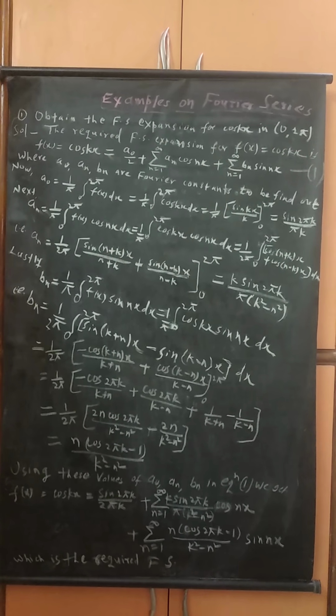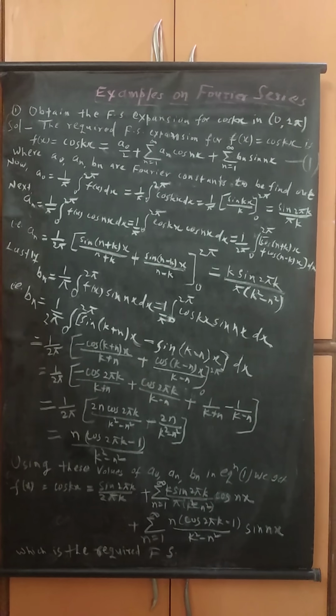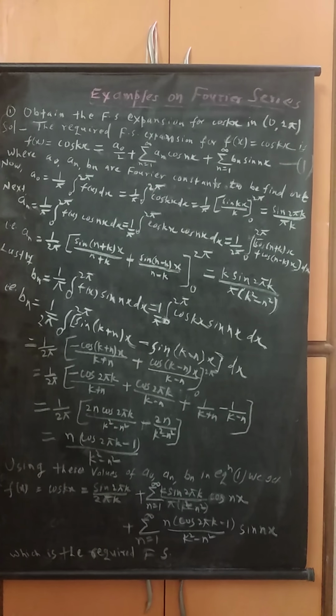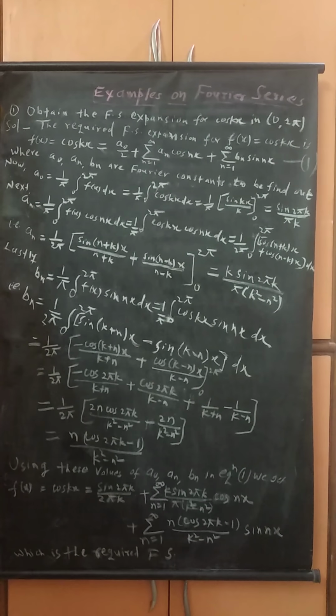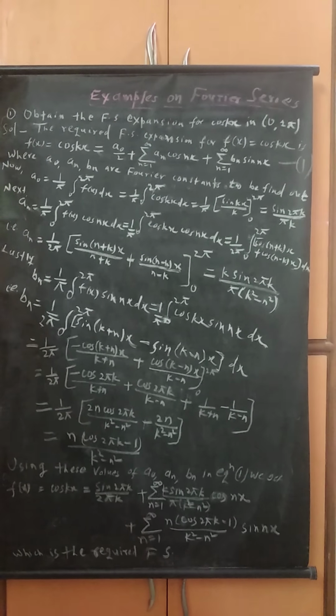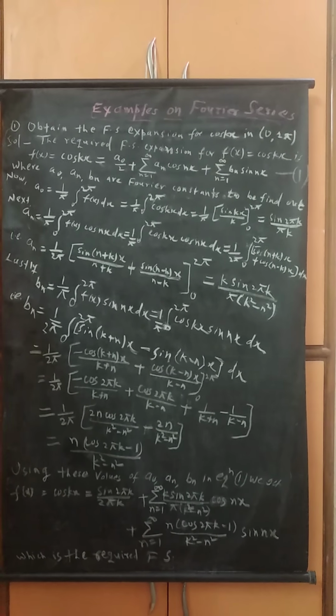That is 1 upon 2 pi, integration of sine is minus cos. So minus cos((k plus n)x) divided by (k plus n), then minus minus becomes plus cos((k minus n)x) divided by (k minus n).